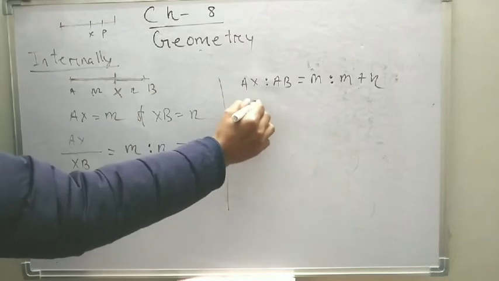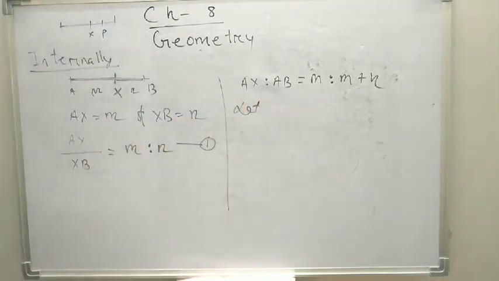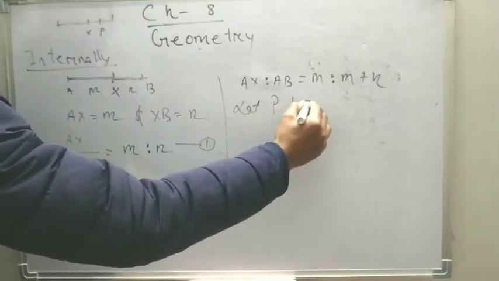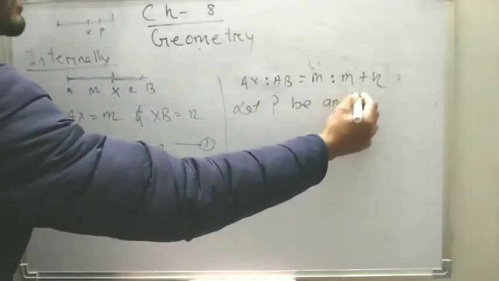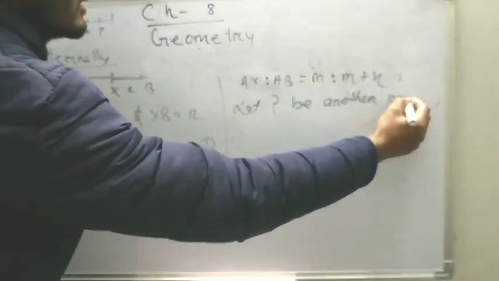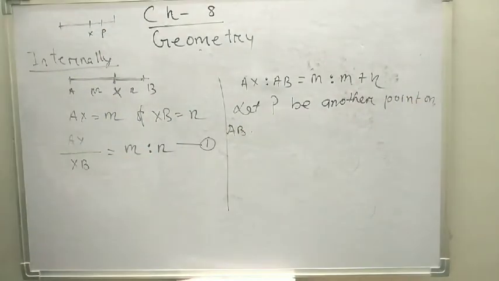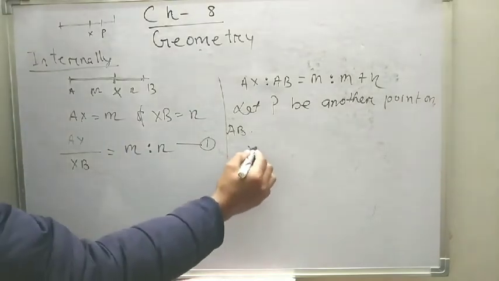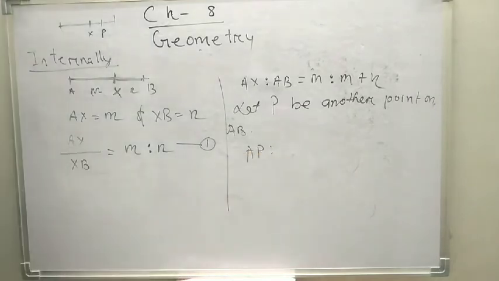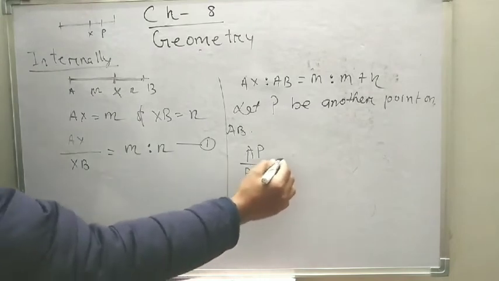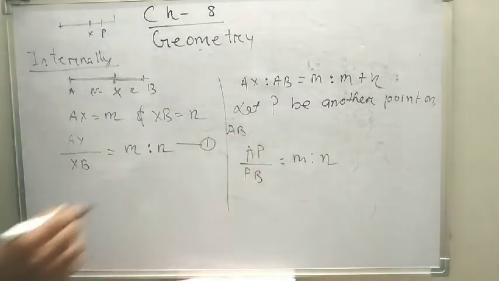Let P be another point on AB such that AP by PB is equal to m is to n.